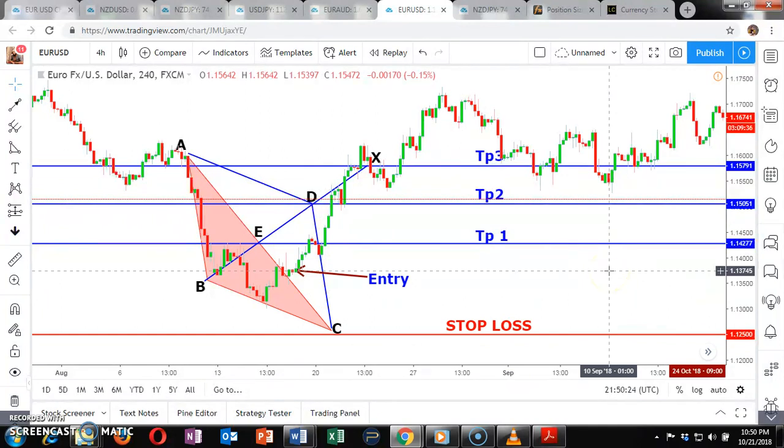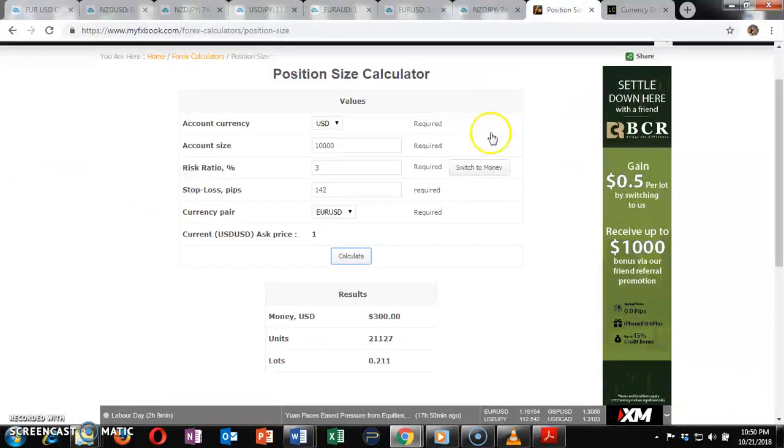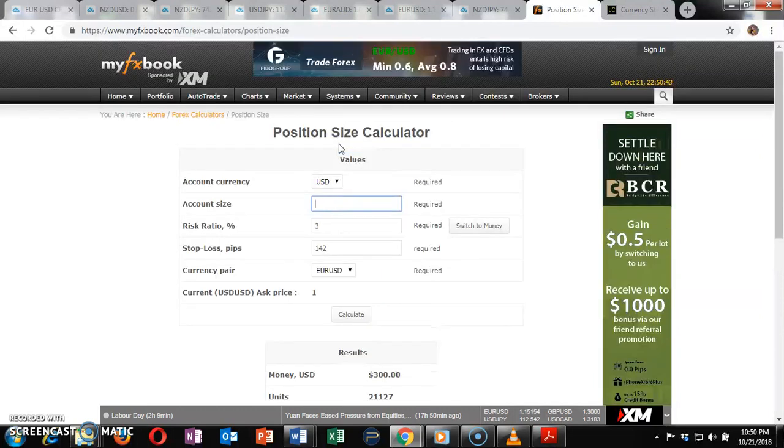Now, let's say you want to enter this trade now, right? So, first thing you do is, in one of our courses, I taught you how to use the position size calculator, right? So you just come to your position size calculator on myfxbook.com, and say if you're trading with a $500 account and you want to risk just 3% of that account.